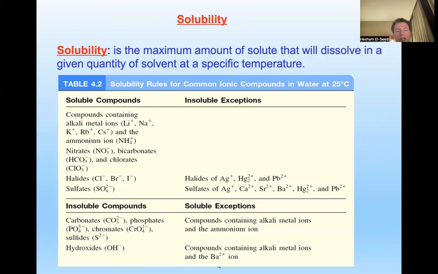This is solubility. The soluble compounds, I think you already know, are salts, for example sodium chloride or lithium, potassium, etc. And there are insoluble compounds, like chromate, for example.